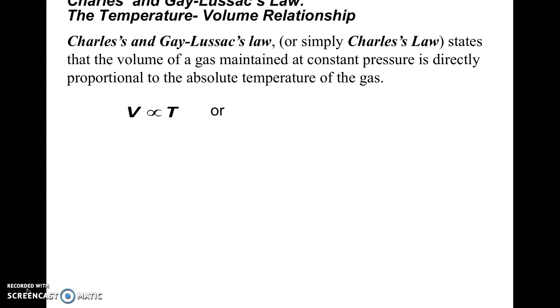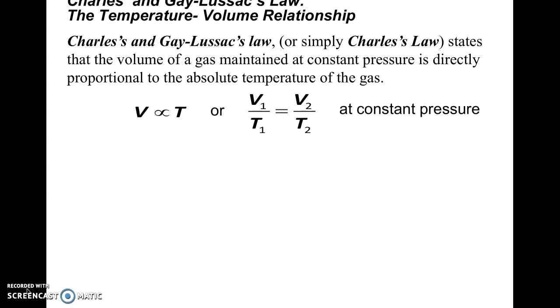It just says that the volume of a gas is directly proportional to its temperature. That's an absolute temperature, so it's Kelvin. So the volume is proportional to the temperature, or V1 over T1 is equal to V2 over T2, as long as your pressure is constant. So remember, from Boyle's law, we were looking at an inverse relationship, so it was P1 times V1 equals P2 times V2.